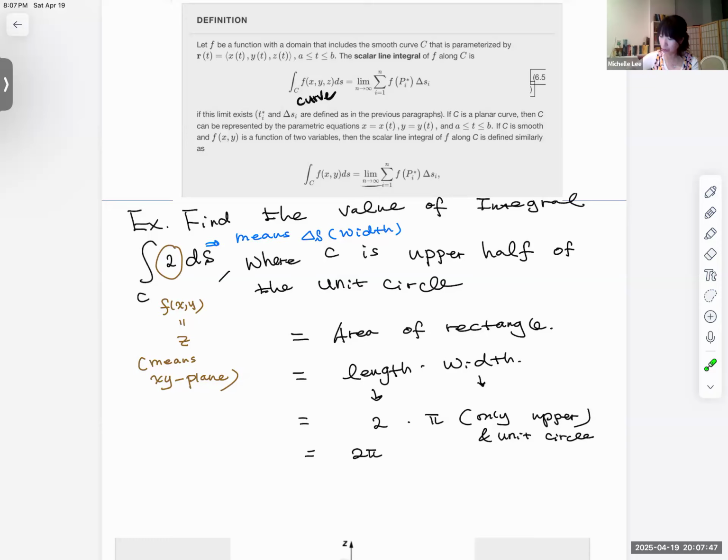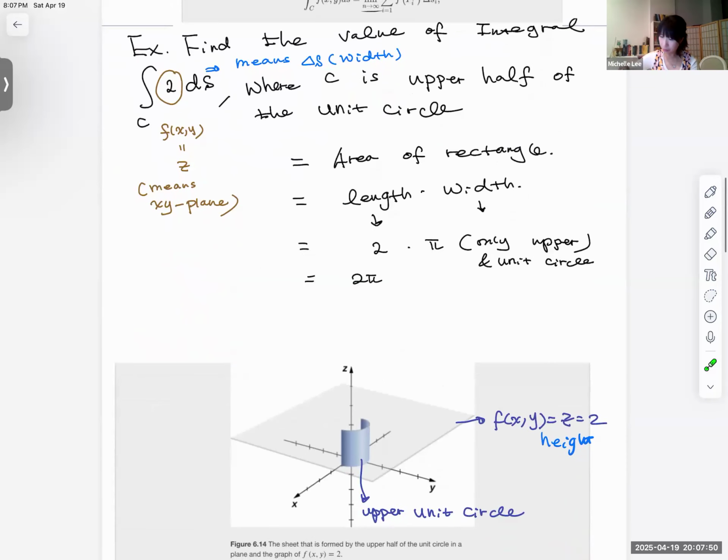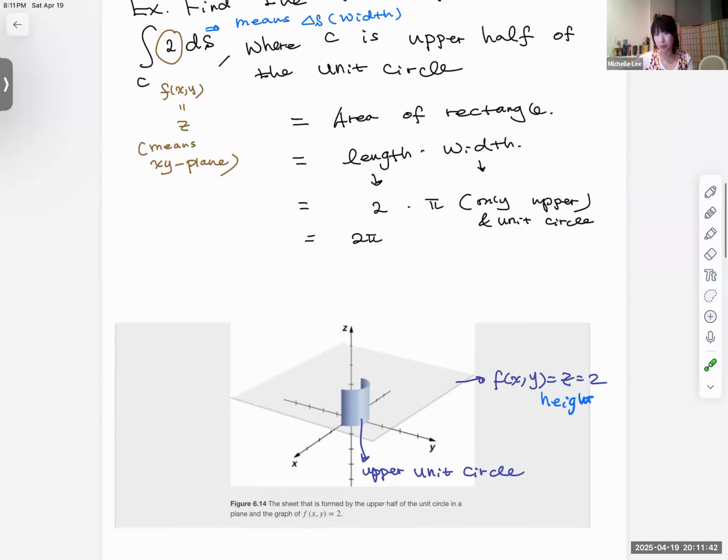Let's take a look at the picture here. This C is the upper half of a unit circle, so it's not the whole circle. Now we want to know the area of a rectangle, because it's hard to see otherwise.